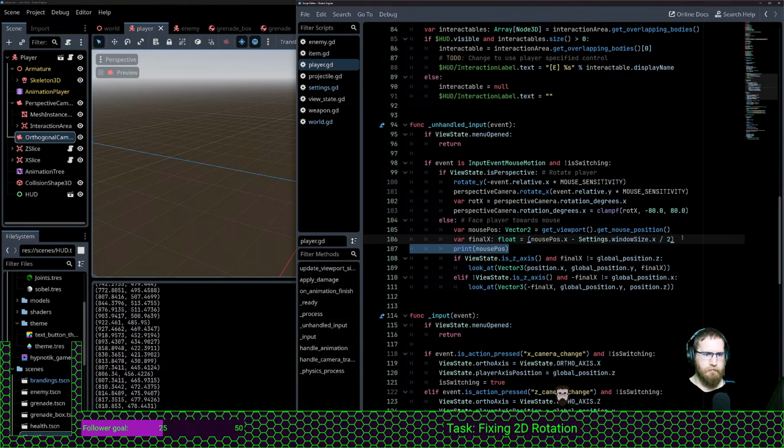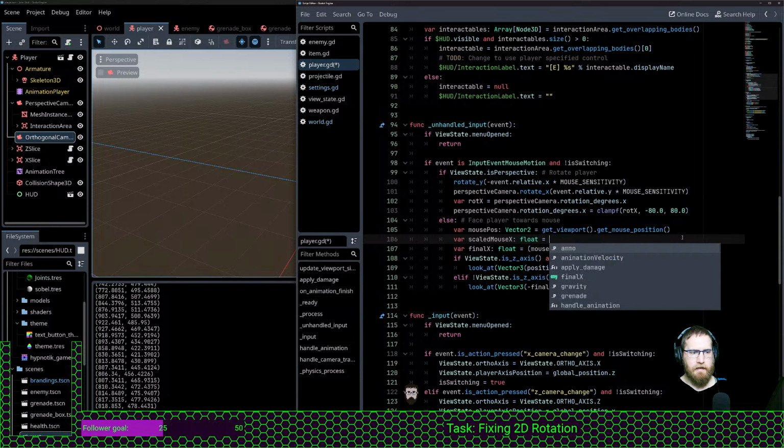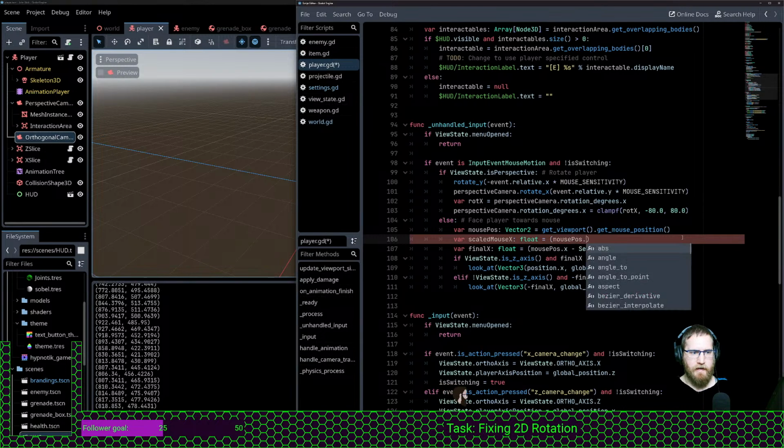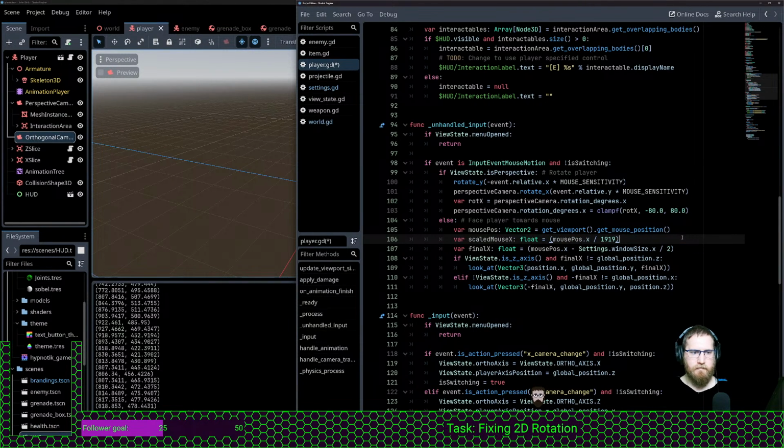Scaled mouse X is going to be a float, and that will be, what is it? It'd be the mouse pos X divided by 1919, because that's the mouse max.